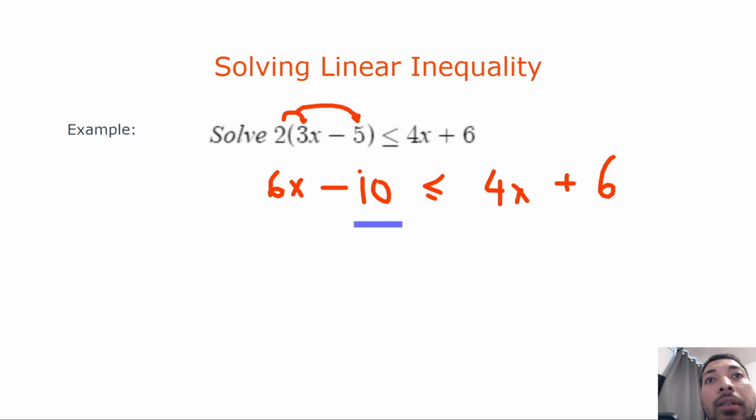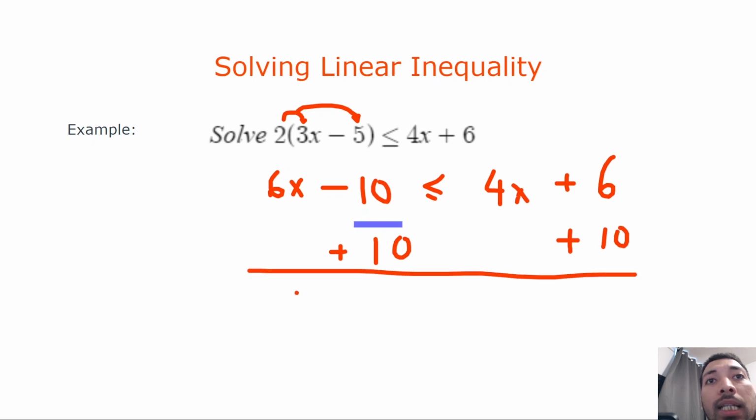Now we can get rid of this 10 by using the addition operation. Adding 10 on both sides, we get 6x less than or equal to 4x plus 16. Now we need to get the variable on one side, so we take this 4x to the left side.